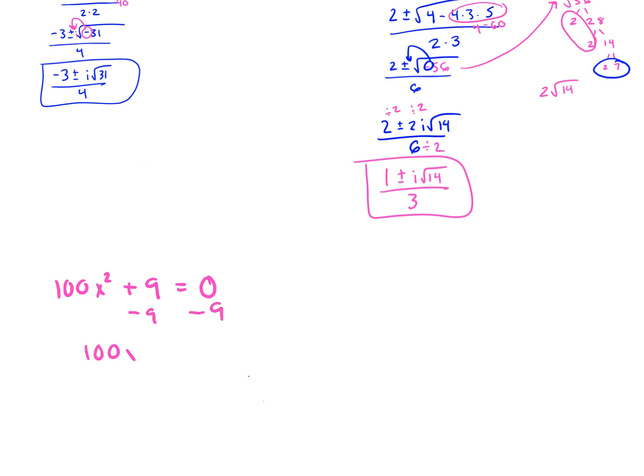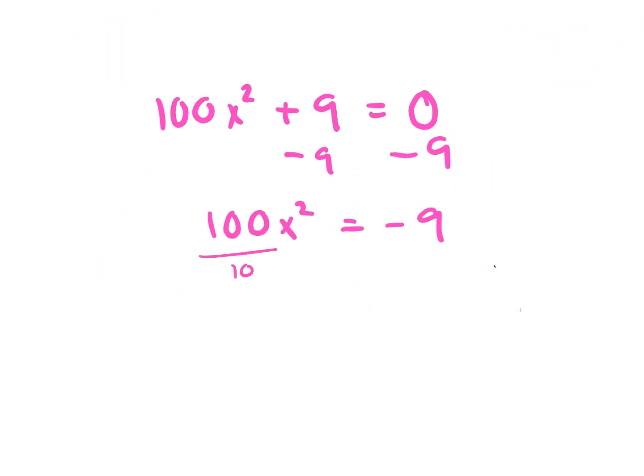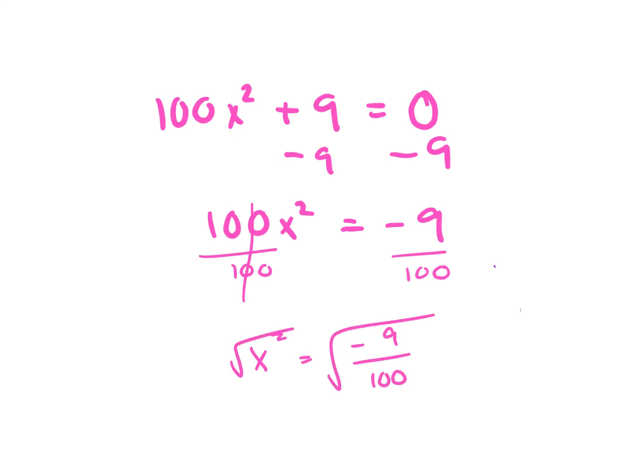So 100x squared is equal to negative 9. What should I do next? Divide by 100. So x squared is equal to negative 9 over 100. Square root everything. So x is equal to what?